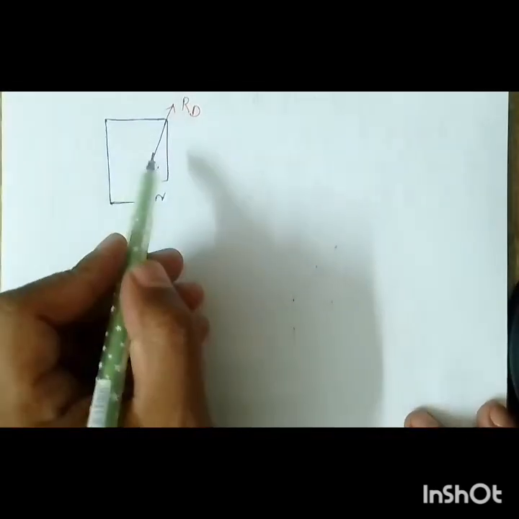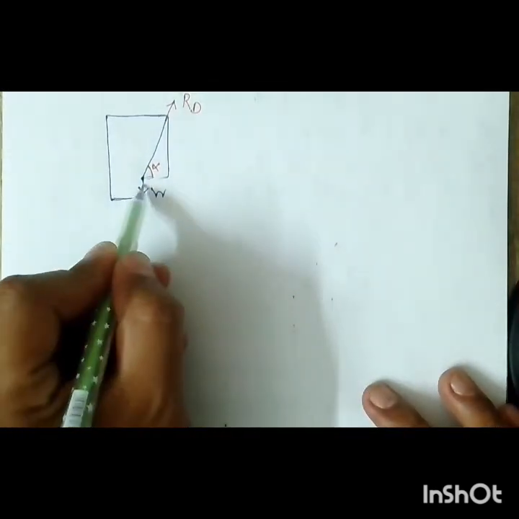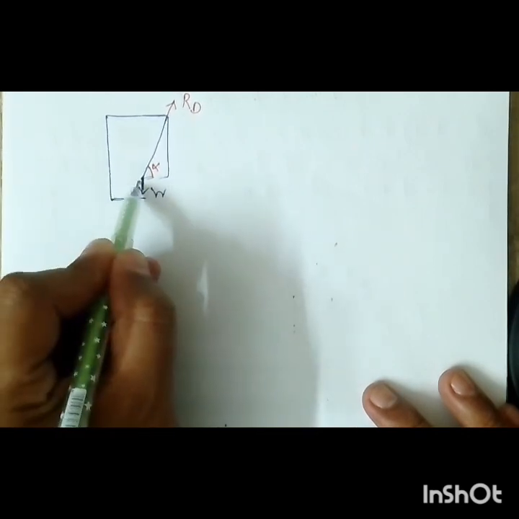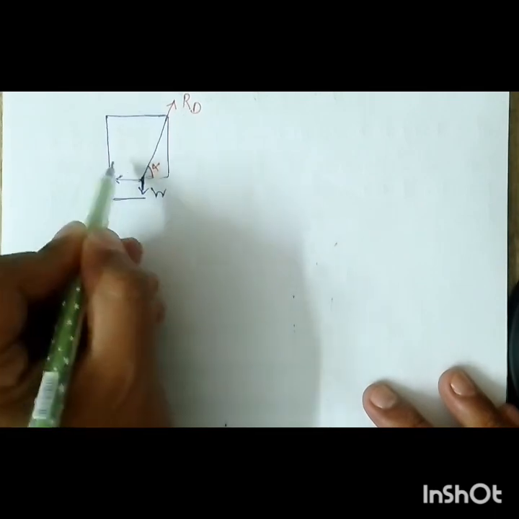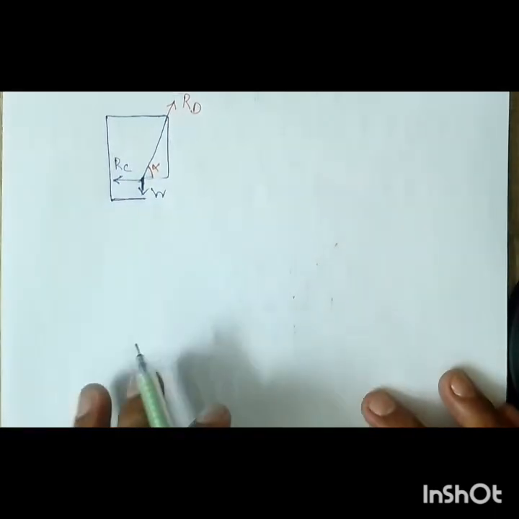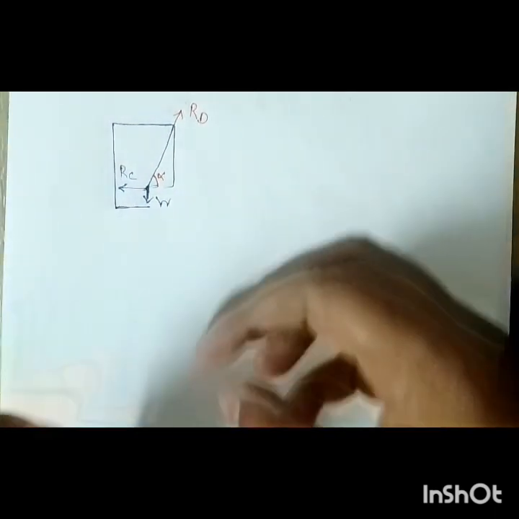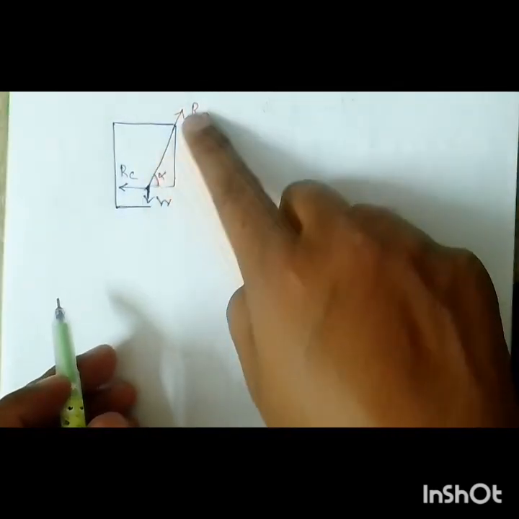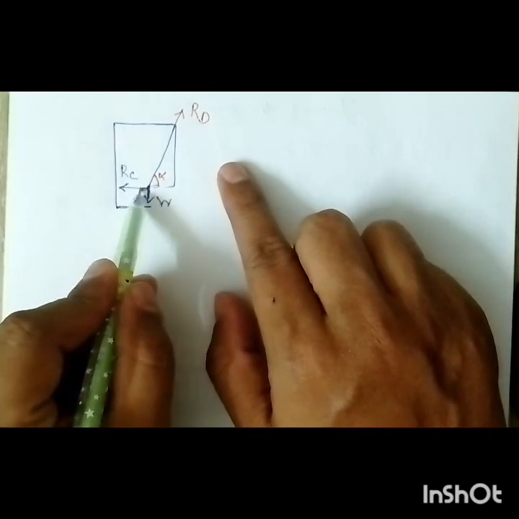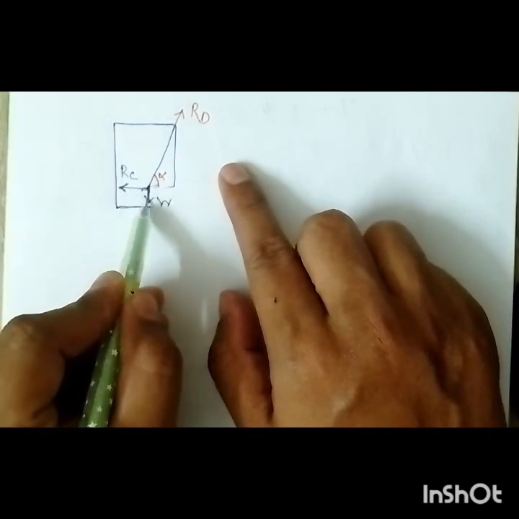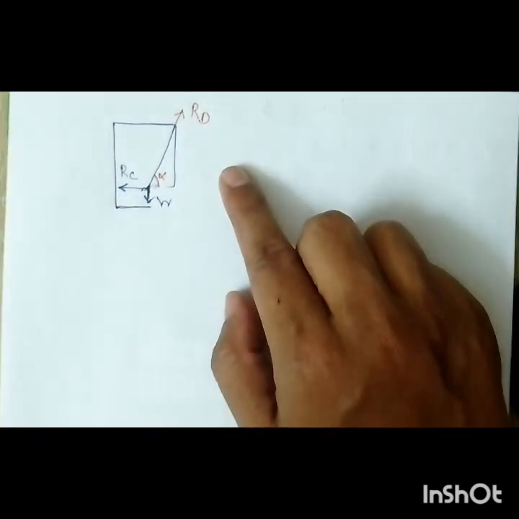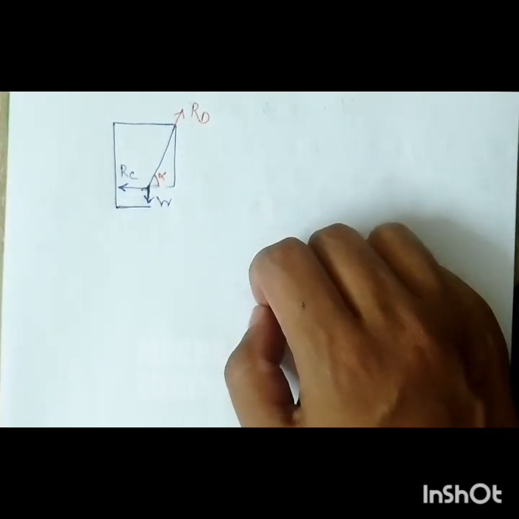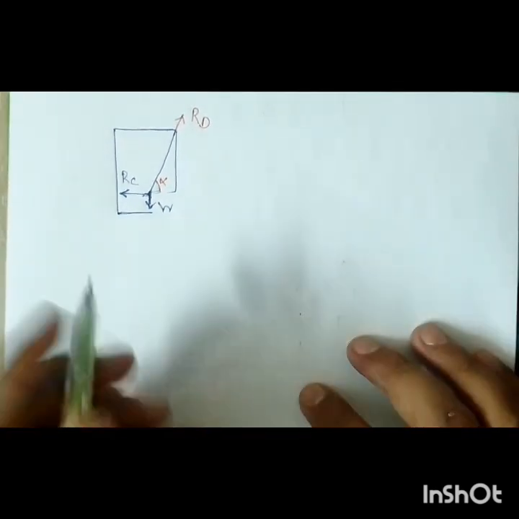Why? Because of action and reaction. If RD is taken like this, the reaction will act this way, and the reaction on B will be in the downward direction. But for the cylinder the reaction was in the upward direction, so don't be confused.